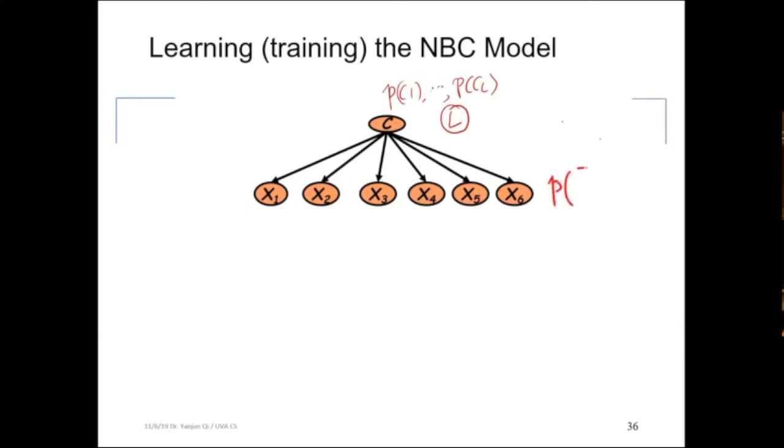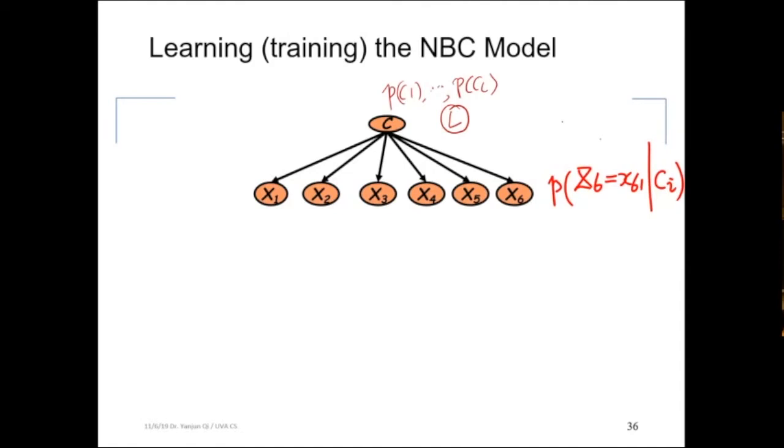Let's use X6 as an example, with maybe X61 possible values, conditioned on Ci. For these edges, we just need to estimate all the combinations of the values of X6 versus the values of all the possible C, which is exactly the naive conditional probabilities we are learning.